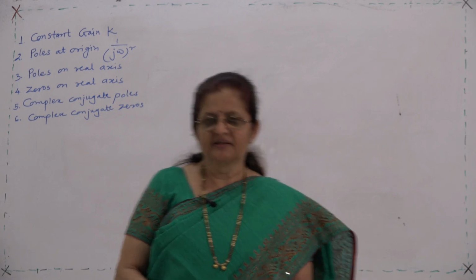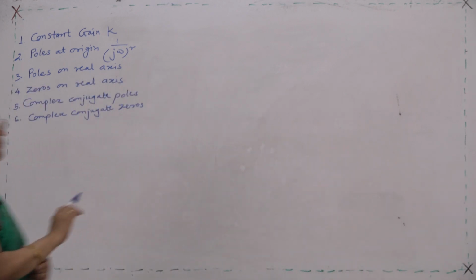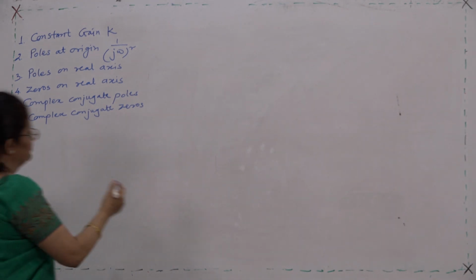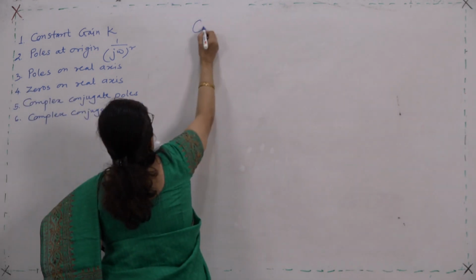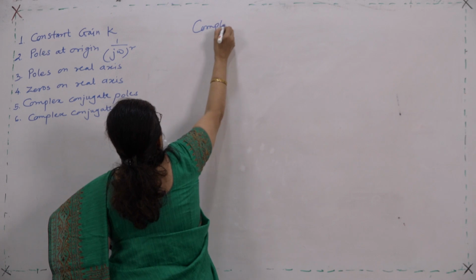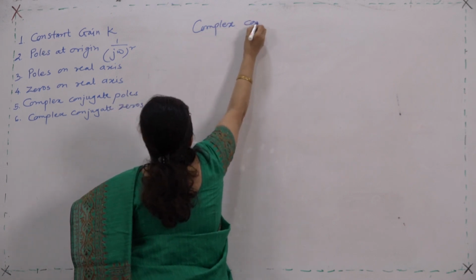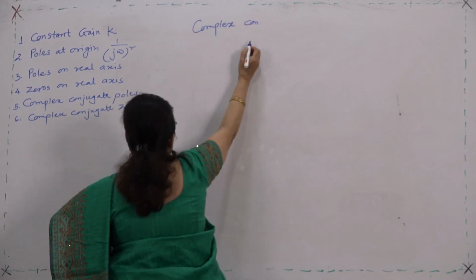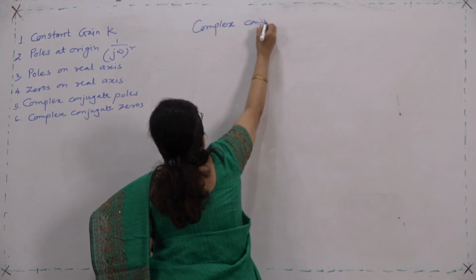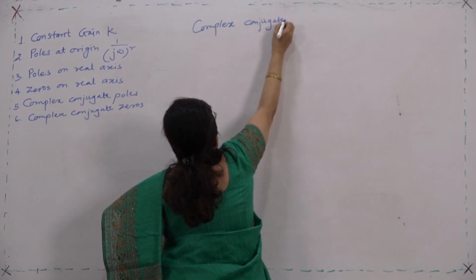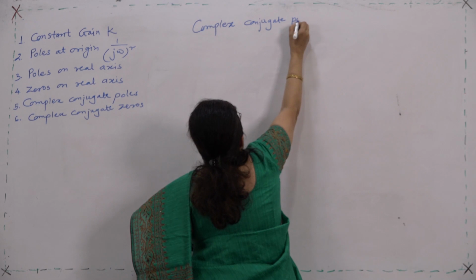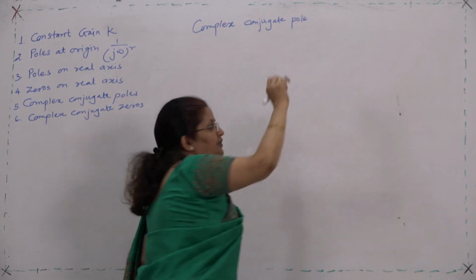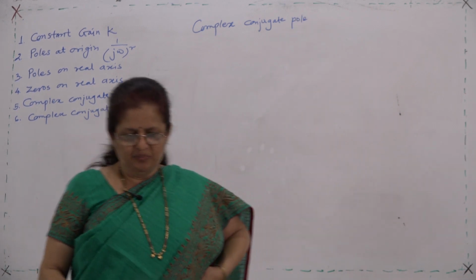So, consider the complex conjugate pole. How to draw the Bode plot for the complex conjugate pole?